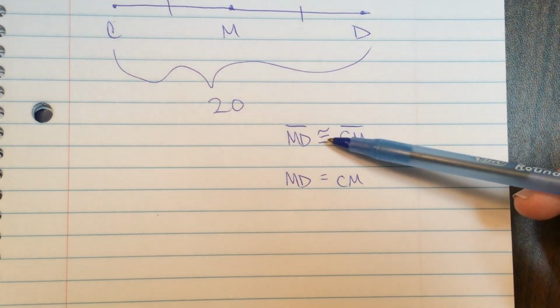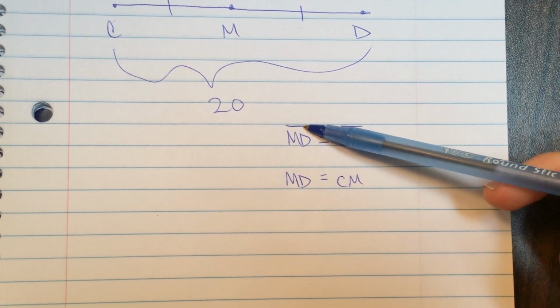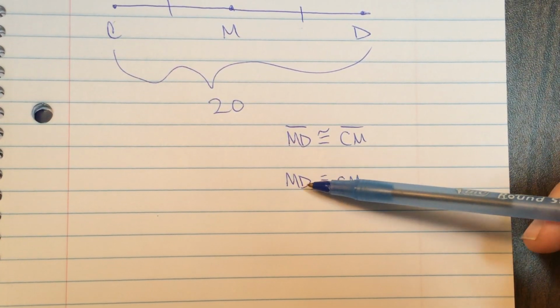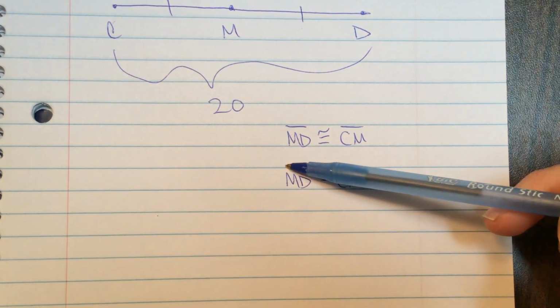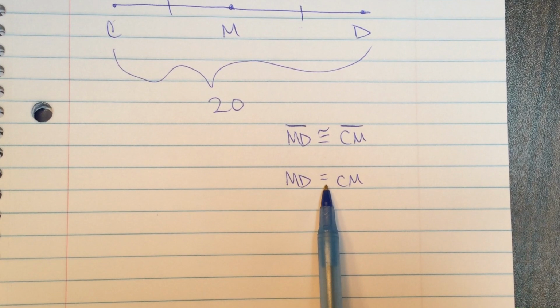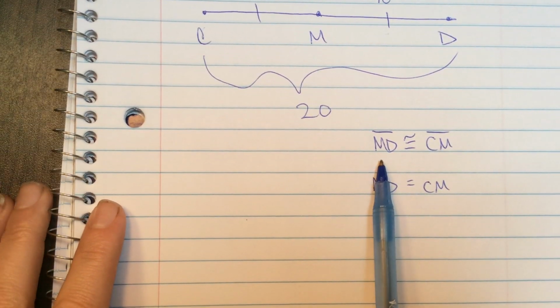And notice the difference here. In this one, I use the line segment notation because I'm talking about congruency. And the second one, I don't use the line segment congruency because I'm talking about equal measures. So I'm going to write this in words.